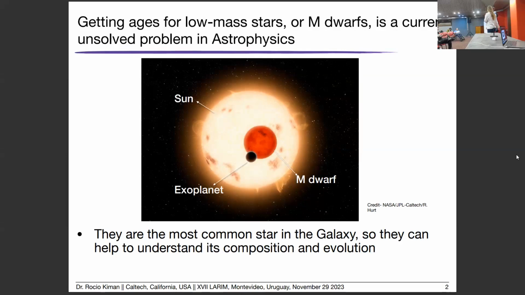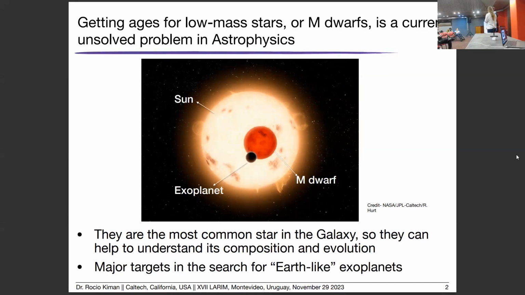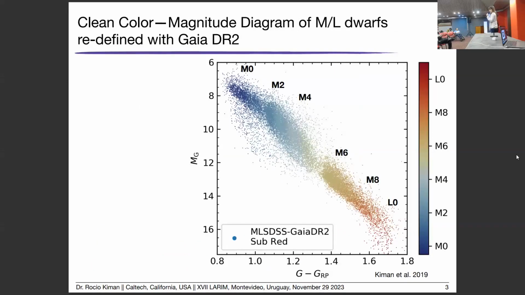But also, and I probably don't need to say this, they are the major targets in the search for Earth-like exoplanets. So understanding the ages of the host star is key to understand the evolution and the habitability of these exoplanets.